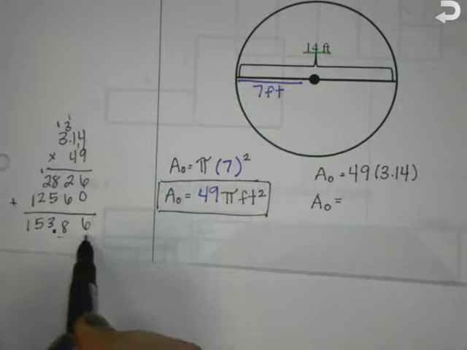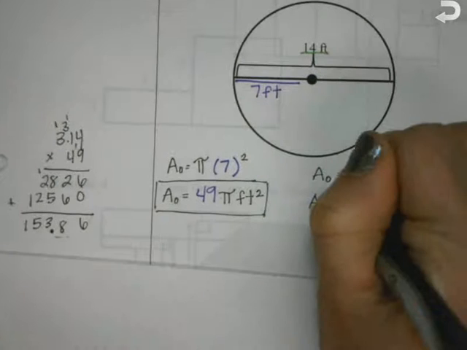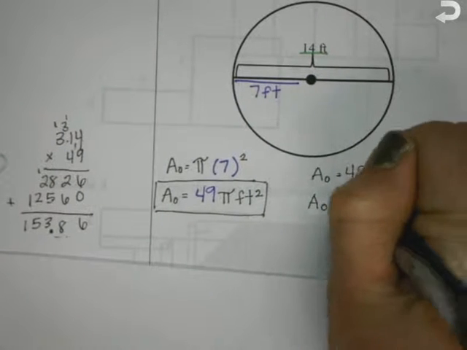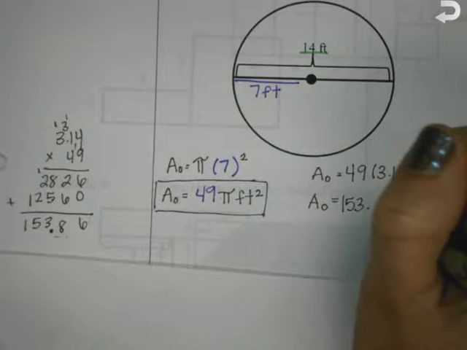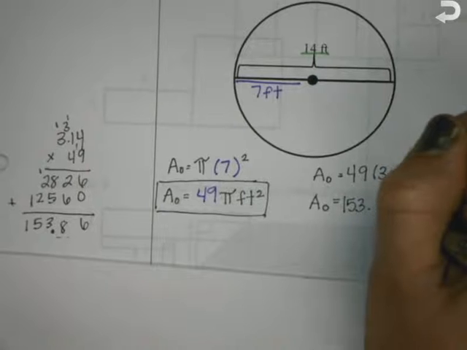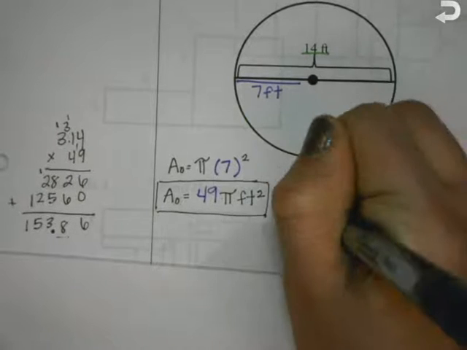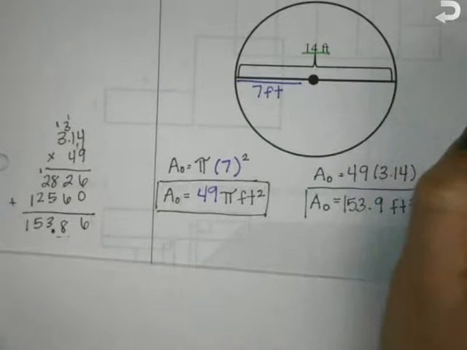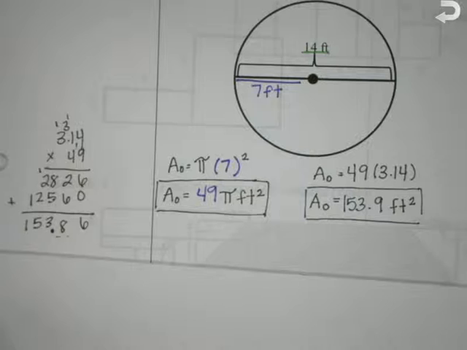Example 5, there is no picture, but we are given a circle with radius 16 centimeters. I want to find the area, so area equals pi r, which is 16, squared.